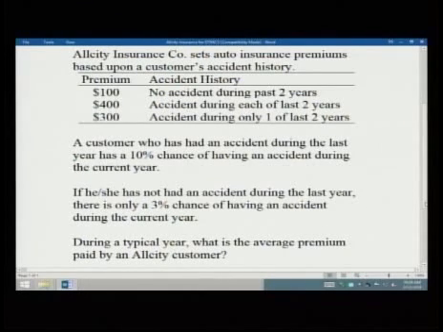Okay, so let me give you about 5 minutes. Why don't you read through the problem description and then think about how you can define the state of system.